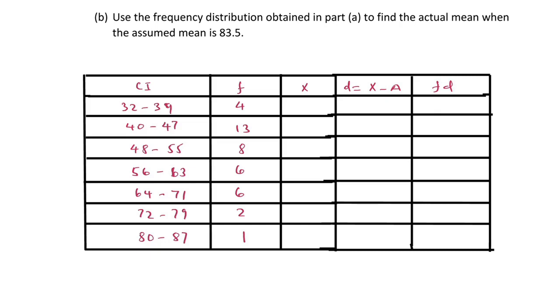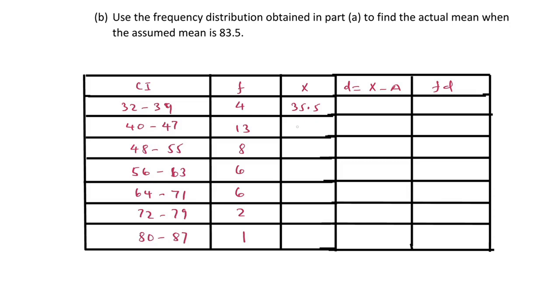Okay, so now let us start filling in the values for the class mark. The class mark is the average of the class interval values. For example, for the first one, we take (32 plus 39) divided by 2, of which after solving, the answer is 35.5. We are going to use the same approach to fill the rest of the data.